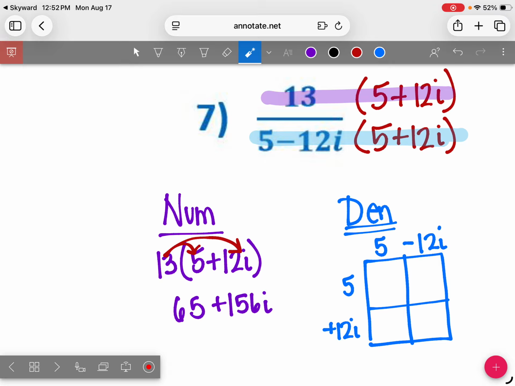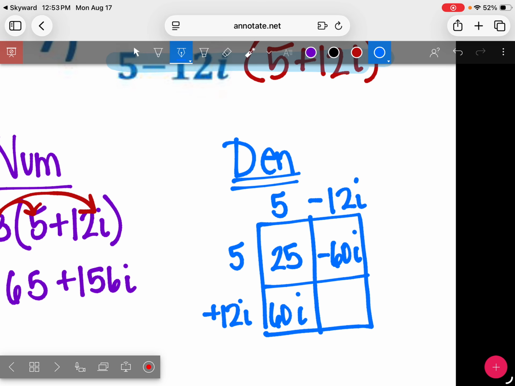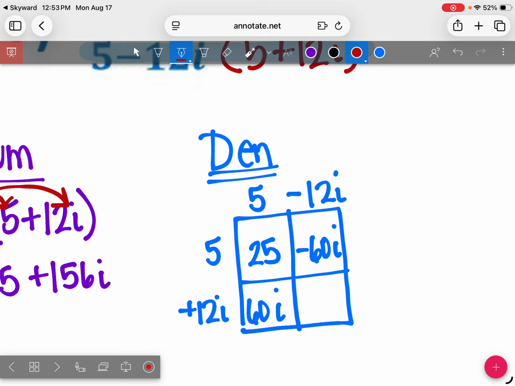So we have 25, negative 60i, positive 60i. Now this corner, I'm going to write this actually on the outside. When you multiply that, you get negative 144i squared. But we learned on Friday that i squared is negative 1.